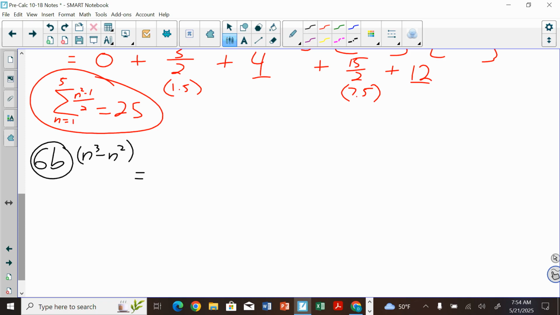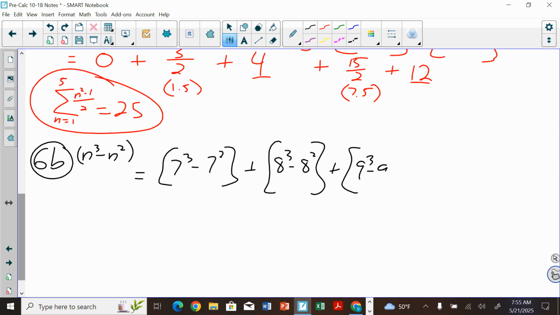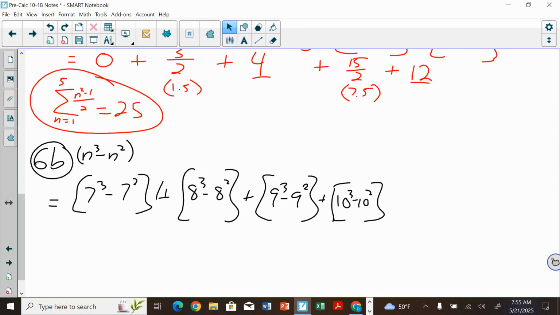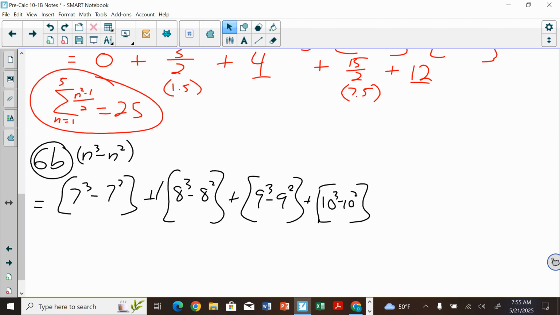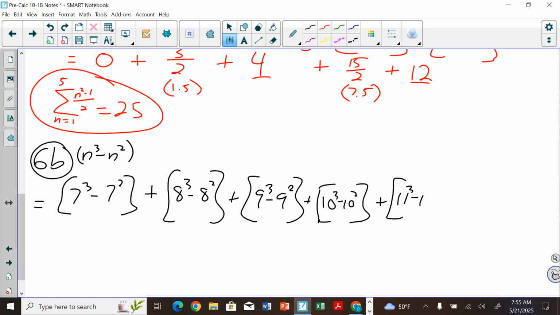So when I do this one, I'm looking at 7 cubed minus 7 squared plus 8 cubed minus 8 squared plus 9 cubed minus 9 squared plus 10 cubed minus 10 squared plus 11 cubed minus 11 squared plus 12 cubed minus 12 squared plus finally 13 cubed minus 13 squared.